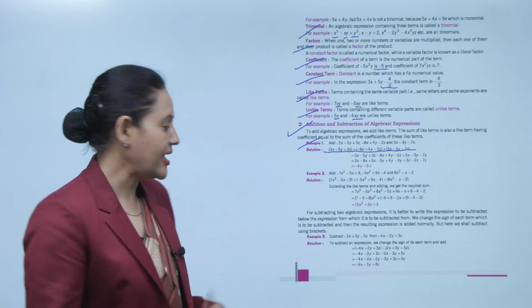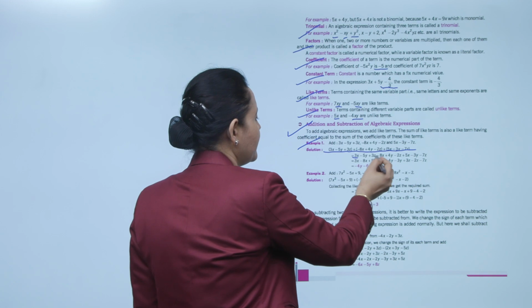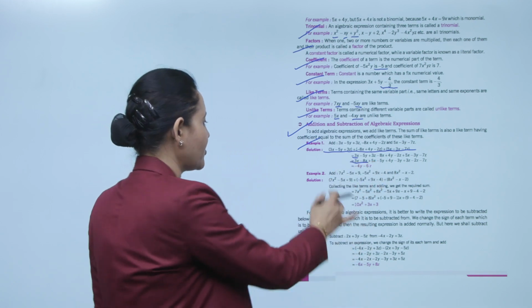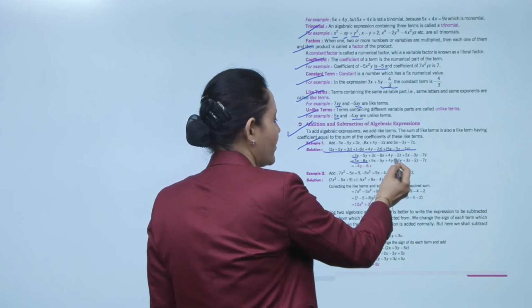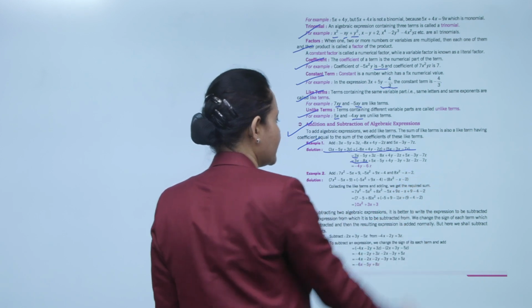So, we will add like terms. 3x and minus 8x. So, we'll write the like terms together. 5x minus 5y plus 4y minus 3y plus 3z minus 2z minus 7z.